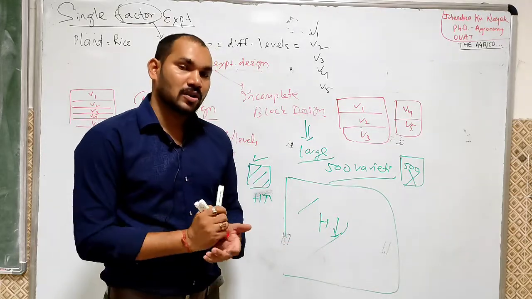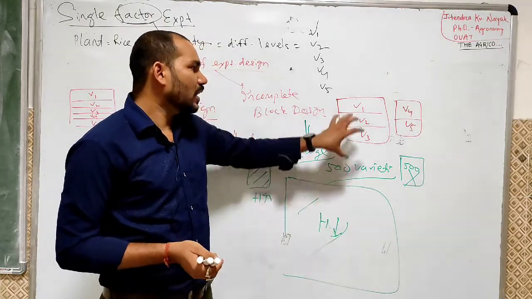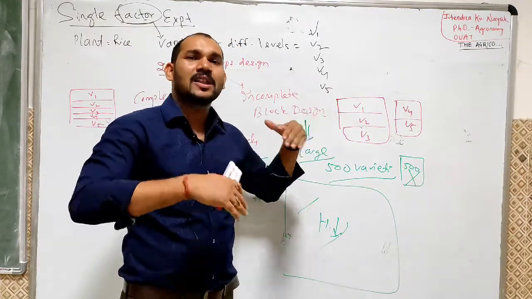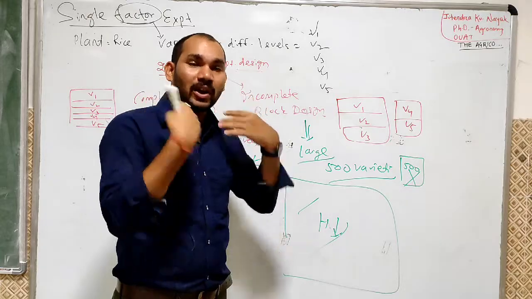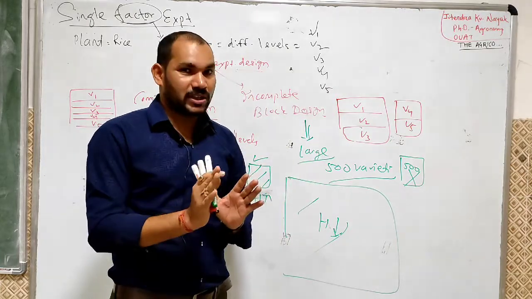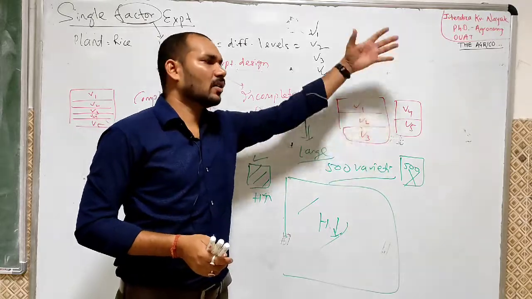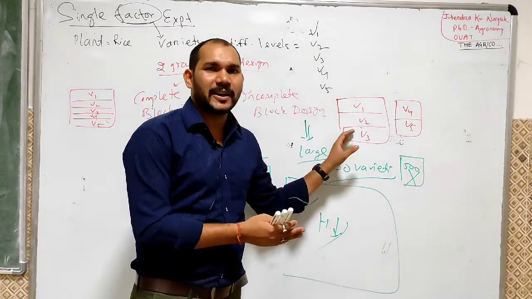So this is wrong. What do I have to do? I have to take different blocks. Let us take 10 blocks, 100 blocks, but having homogeneity. And within each block, we go for either 3 varieties, or 10 varieties, or 50 varieties, likewise.